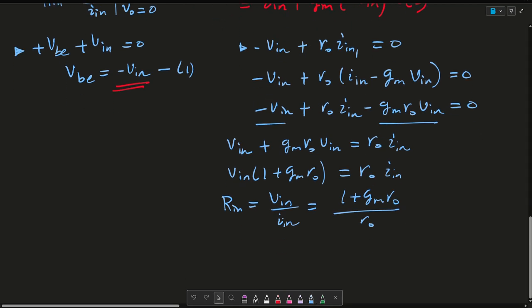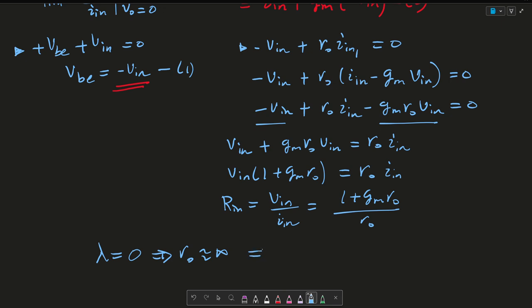In many situations, we consider channel length modulation to be 0, so gamma is 0. This considers RO to be infinity. And we say then that Rn is equals to 1 plus GM times infinity over infinity. Again, there was a mistake here that I made.